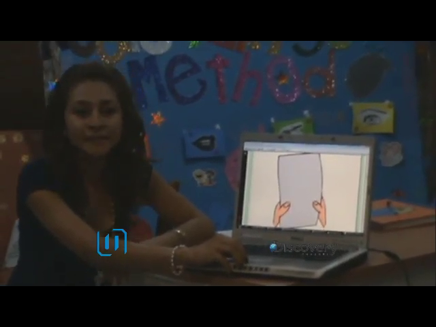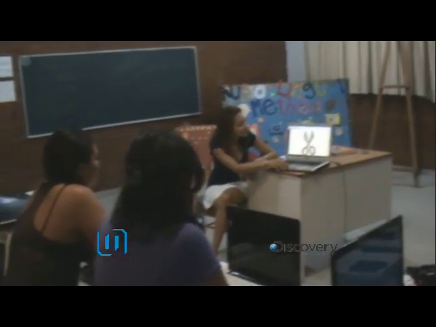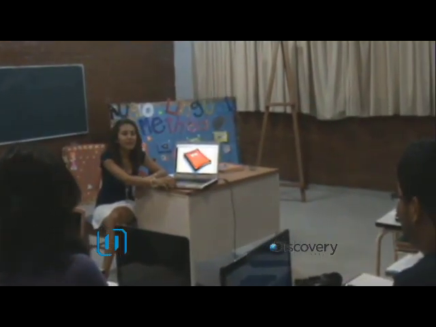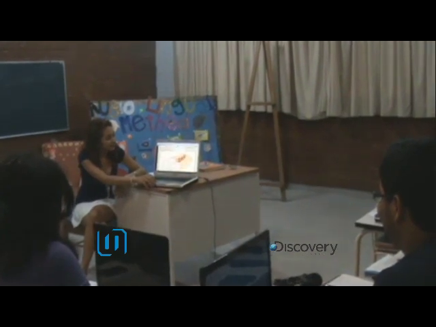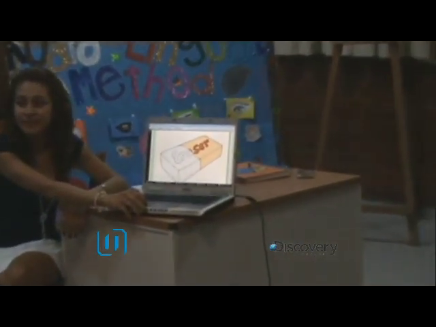What is this? It's a finger. What is this, everybody? It's a scissors. Hugo, please. What is this? It's a notebook. Okay. What is this, everybody? It's a razor.